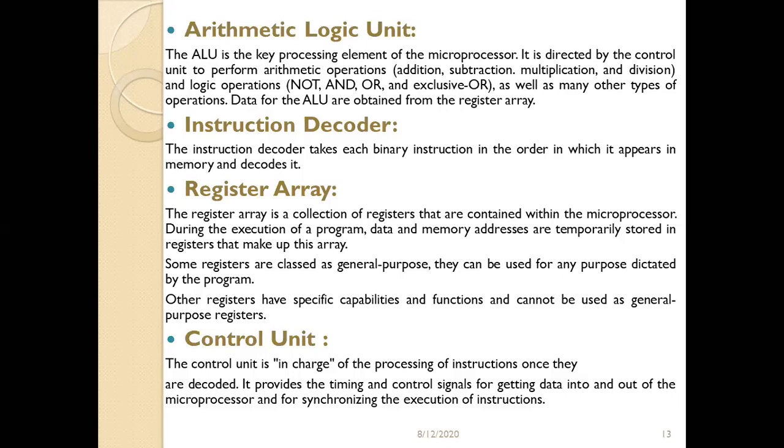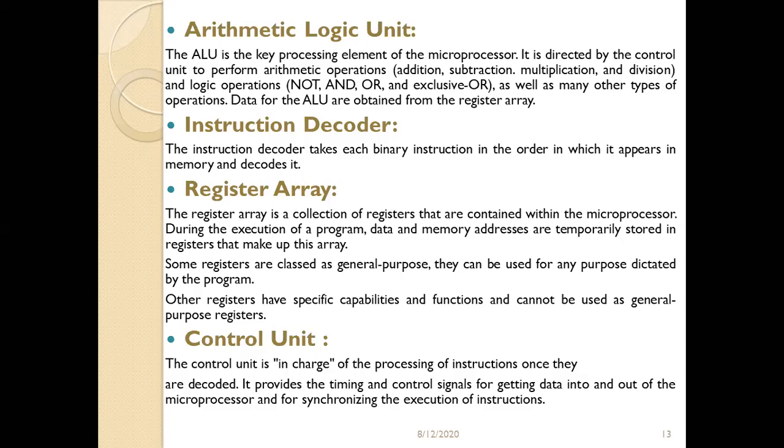Some registers are classed as general purpose. They can be used for any purpose dictated by the program. Other registers have specific capabilities and functions and cannot be used as general purpose registers.